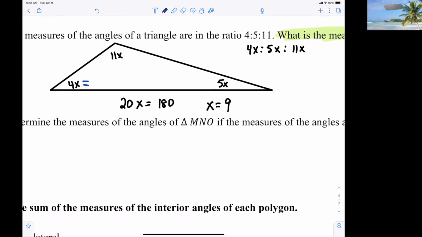So what's 4 times x? Yes. What's 5 times x? Yes. And what's 11x? There you have it. There we go. All right.